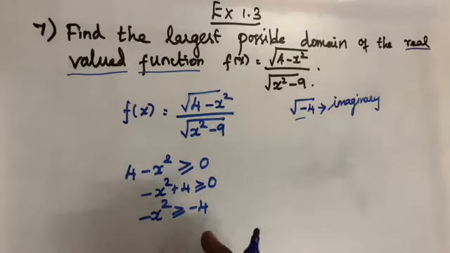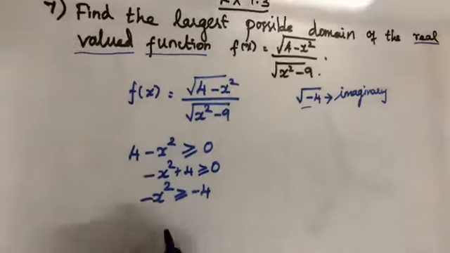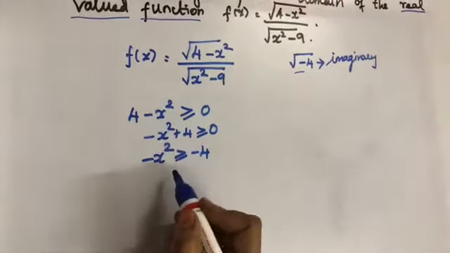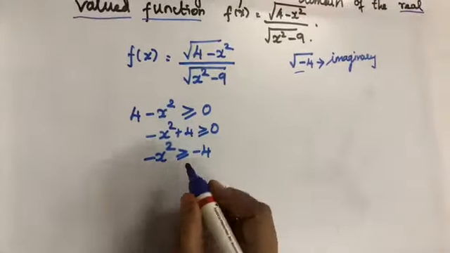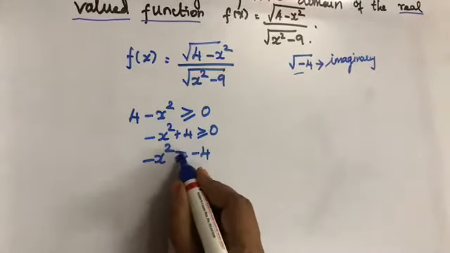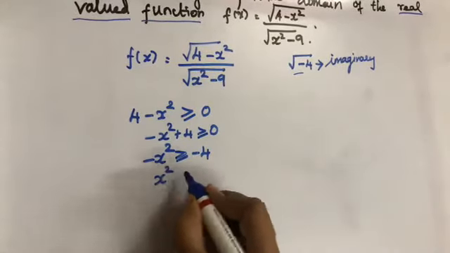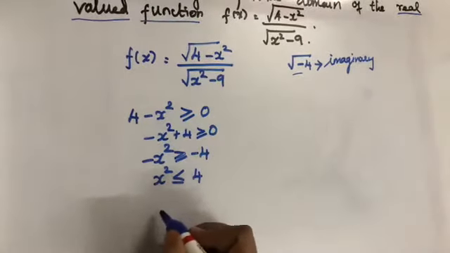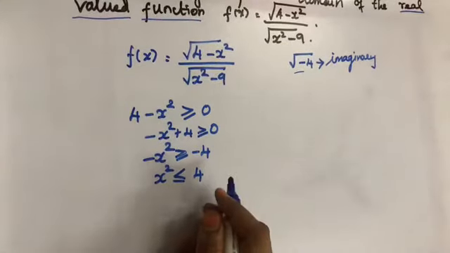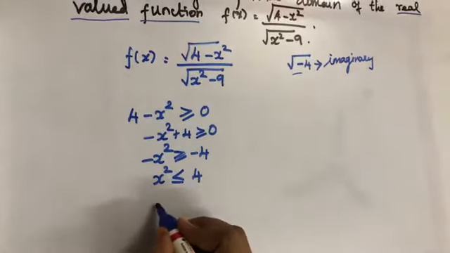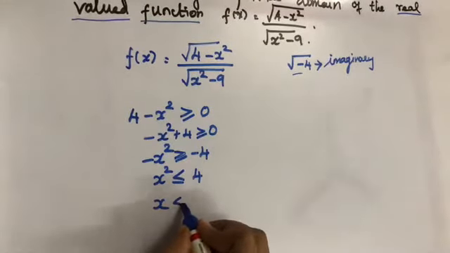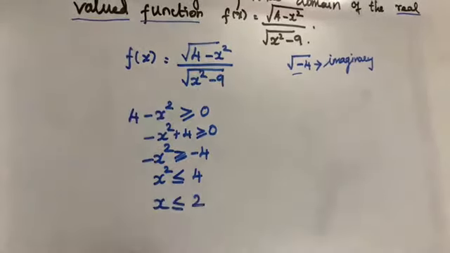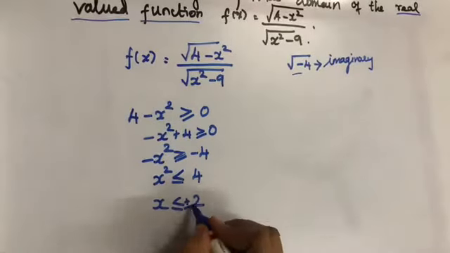While cancelling the negative sign, the symbol should change. So x square is less than or equal to 4. So x is less than or equal to plus or minus 2.